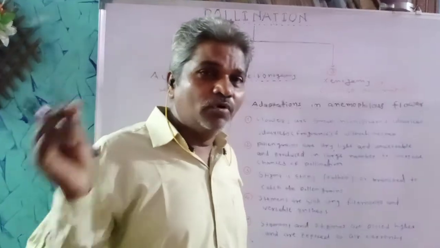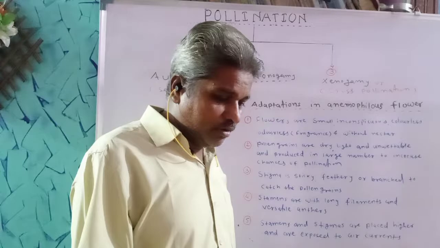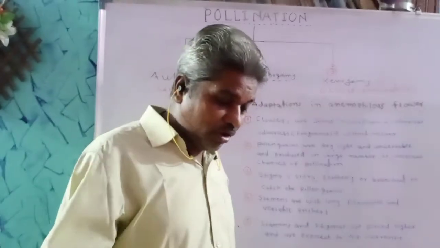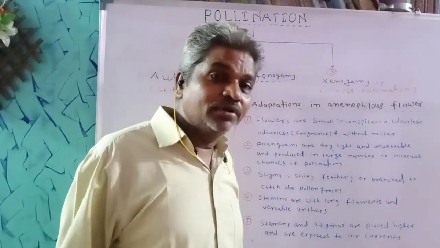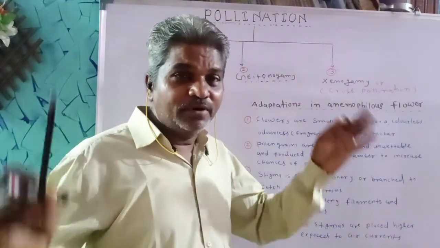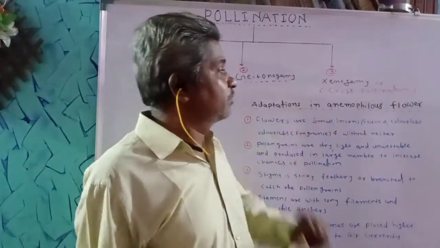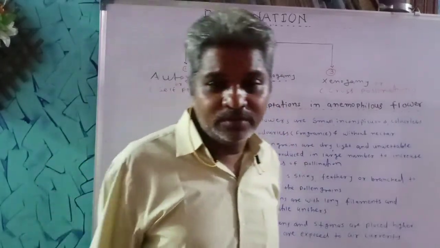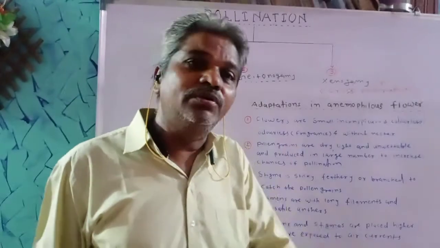Transfer of pollen grain from anther of one flower to the stigma of another flower born on two different plants is called xenogamy. So it involves two flowers born on two different plants belonging to the same species.